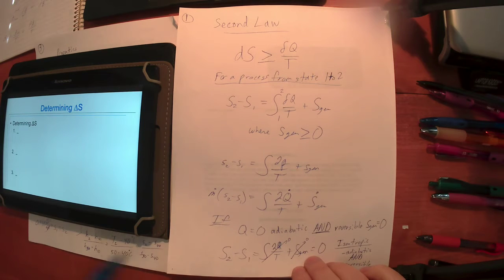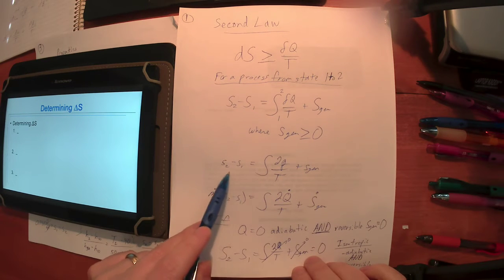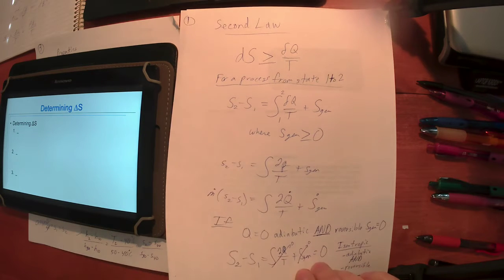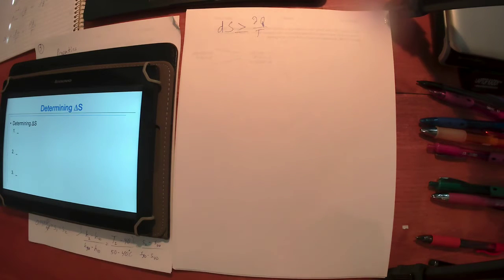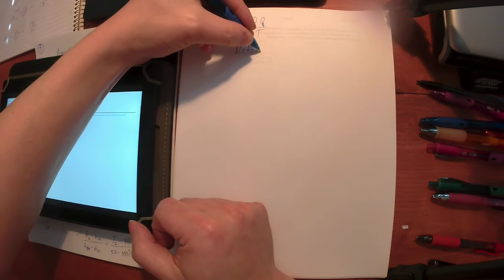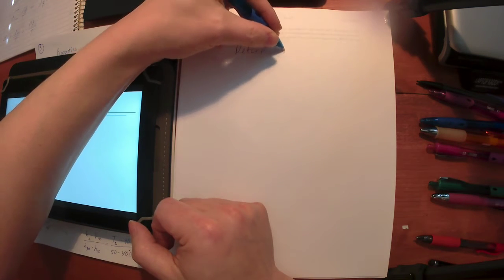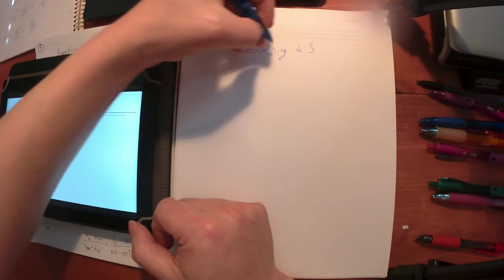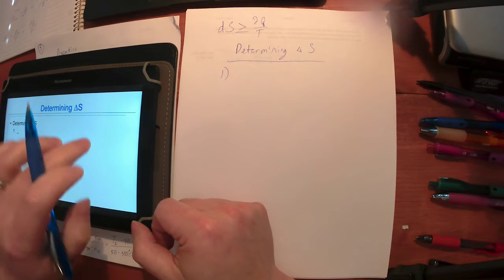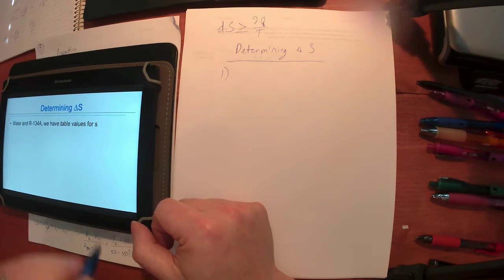As we saw in the previous problem, we need to be able to quantify this delta S to do some useful things. That's going to be the whole goal for us in Chapter 7: how do I quantify delta S? Well, we've got some tools for determining delta S. I always say there's three main tools. The first one is table properties.